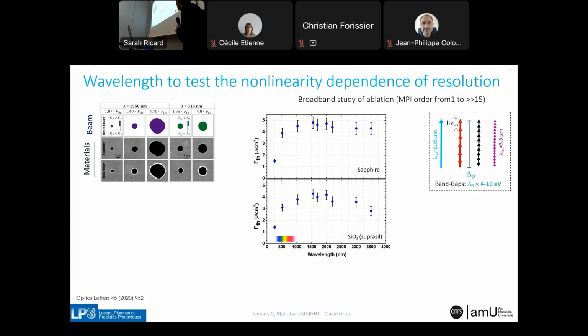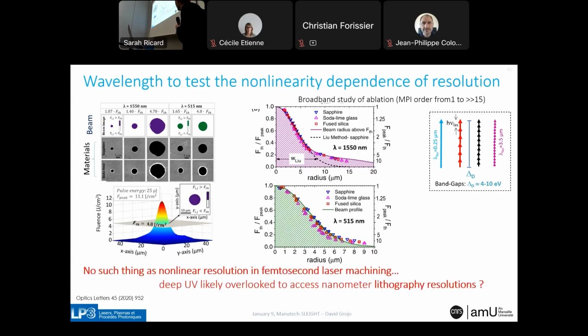So of course, with this type of experiments, we are interested in the energy threshold for modification. But more interesting on that part was to look at the size of the produced features compared to the intensity profile.